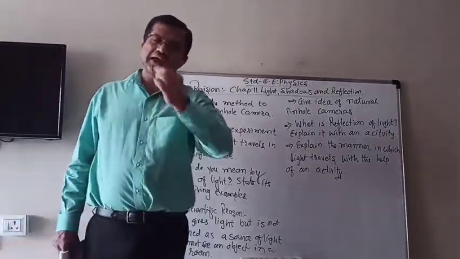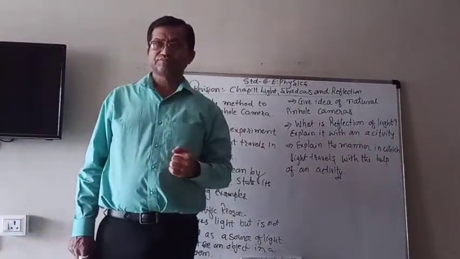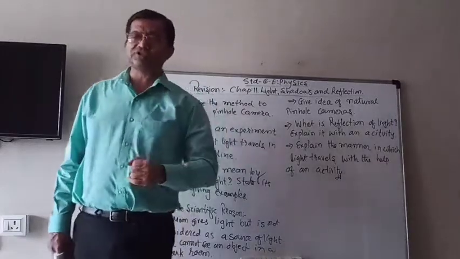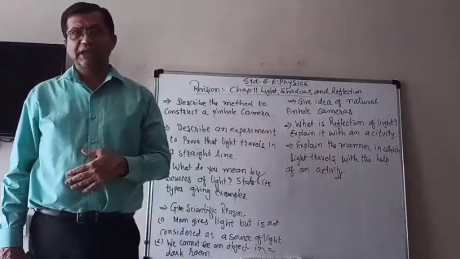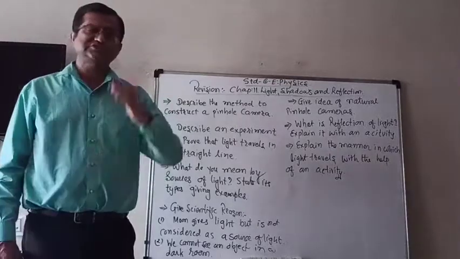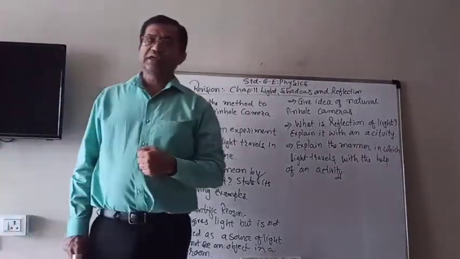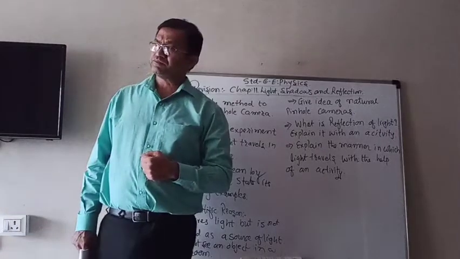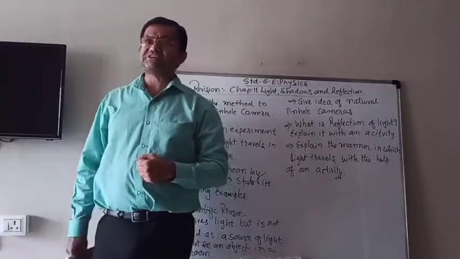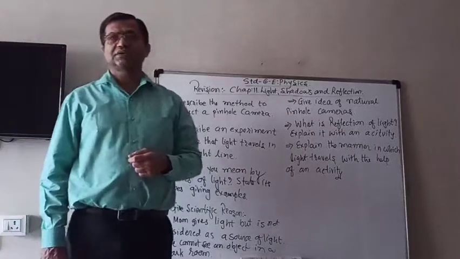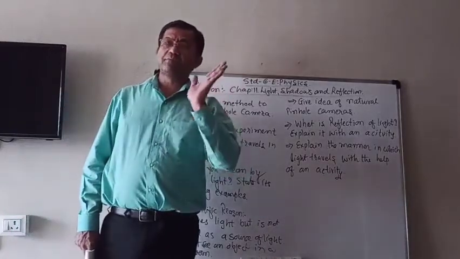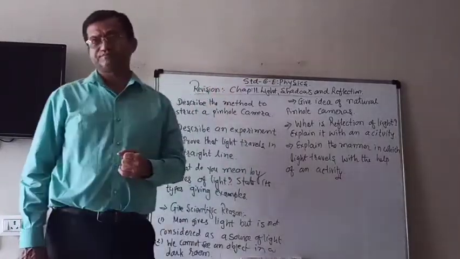For that you can do an activity. Go into a dark room with your friends. Tell one of your friends to stand in a corner, and tell another friend to stand on the opposite side, holding a mirror in his hand.